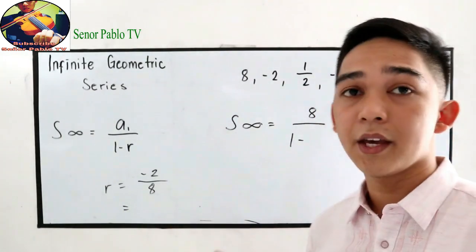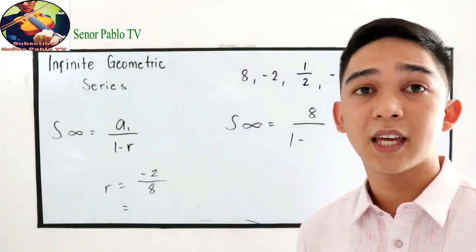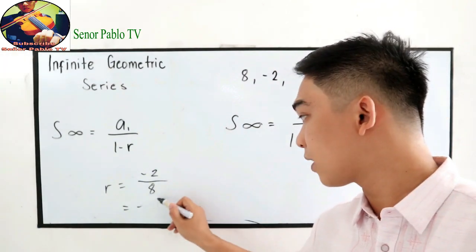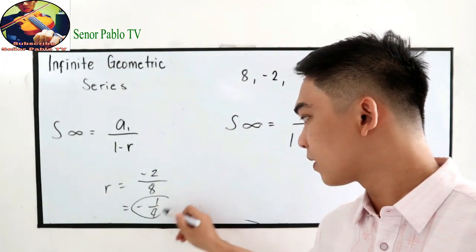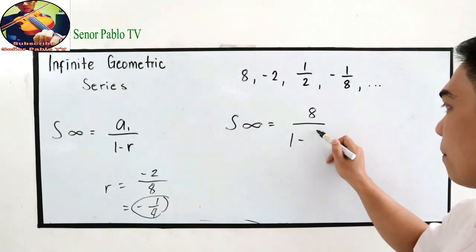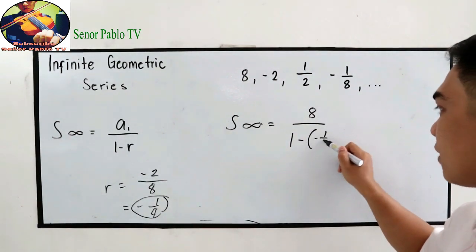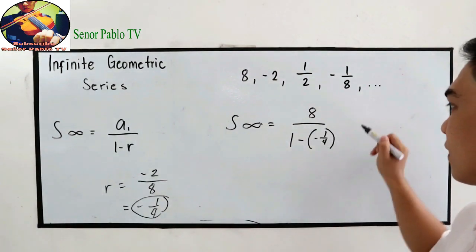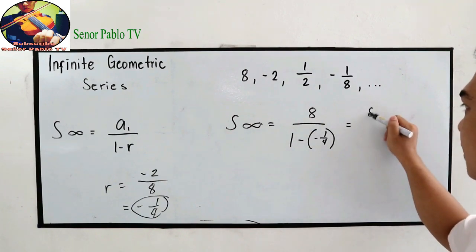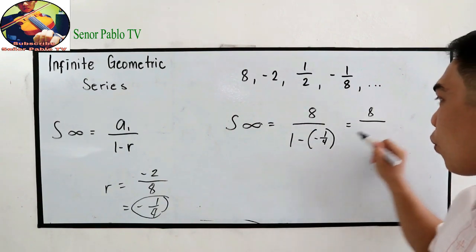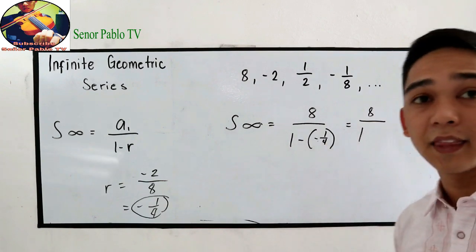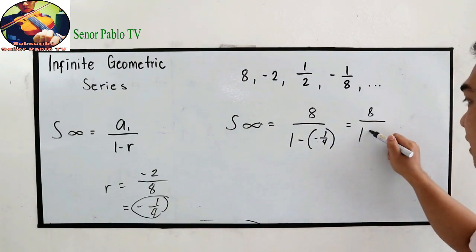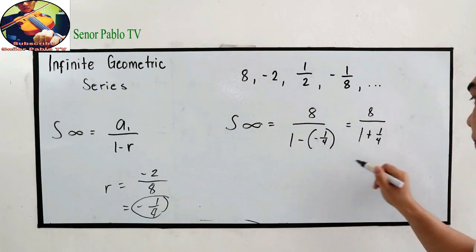Negative 2 divided by 8 can be written in simplest form. So, negative 1/4. So, minus negative 1/4. So, 8 over 1, negative times negative, that will become positive 1/4.